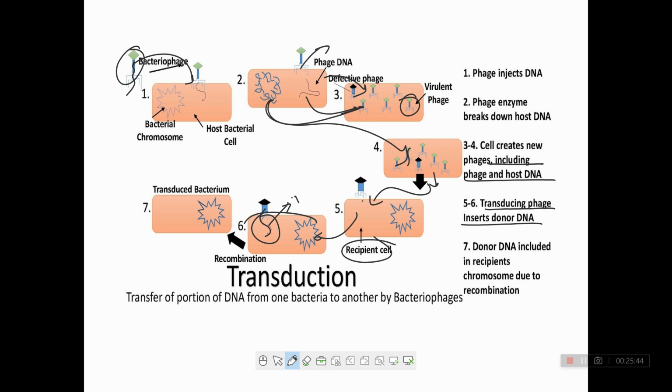So this is the process of how the host bacterial chromosome is transferred into a recipient cell. After going inside, it recombines with the host recipient chromosome and forms a recombinant DNA. This is rDNA, recombinant DNA.